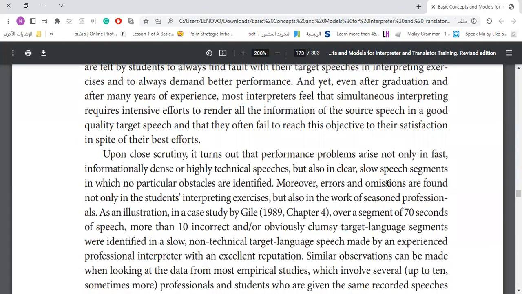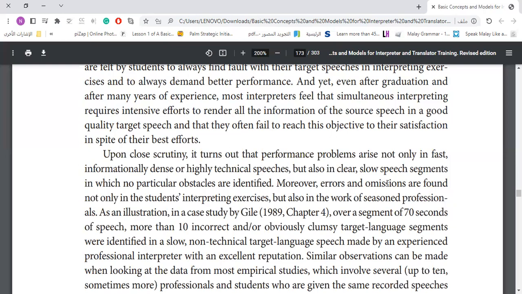So yes, what you know about simultaneous interpretation is that it's difficult. But there has been a study about how interpretation done by expert interpreters still had mistakes and errors, even though the speech they were given was clear, even though the speaker did not use, let's say, specialized words or terminology.